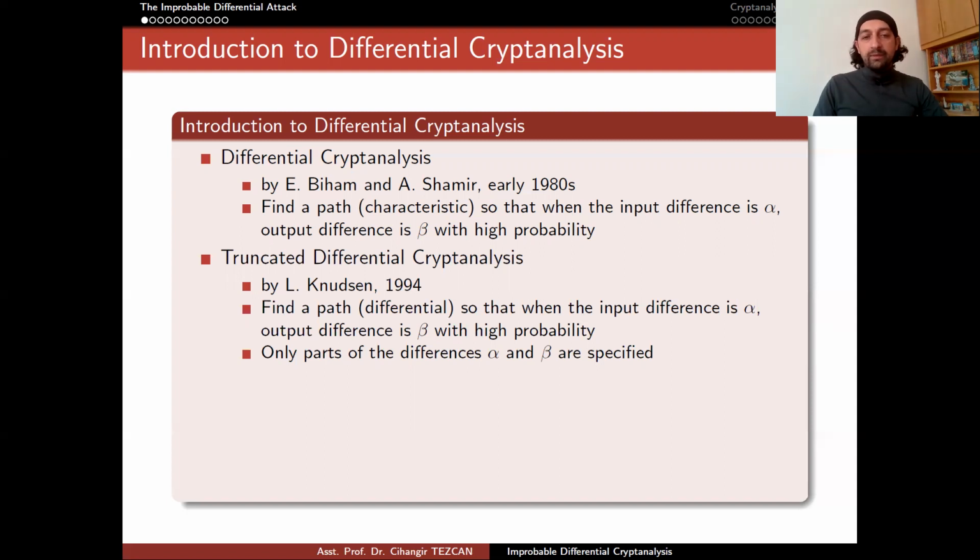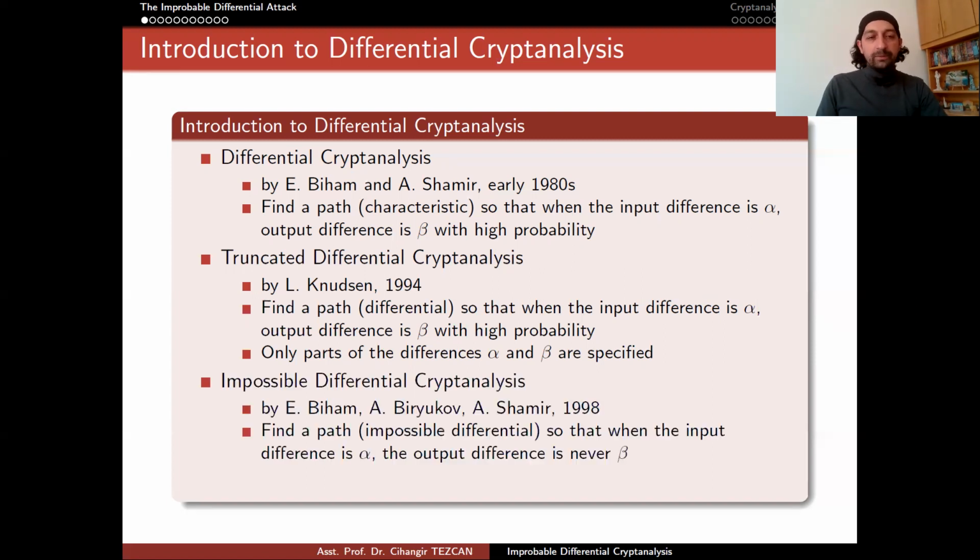But in truncated differential cryptanalysis, we only specify parts of these differences and say that other parts can be anything. This gives us some more freedom. Some ciphers are more resistant to truncated differential and some others are more resistant to differential cryptanalysis, so we cannot say that one of them is better than the other. It all depends on the design of the cipher.